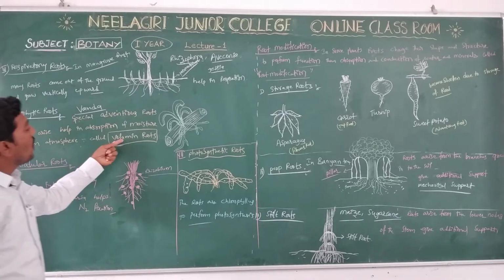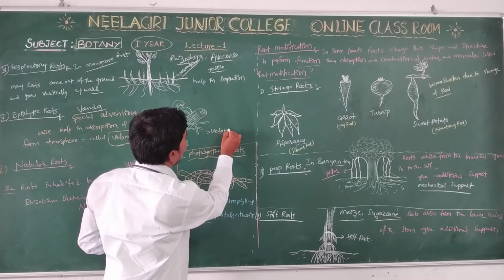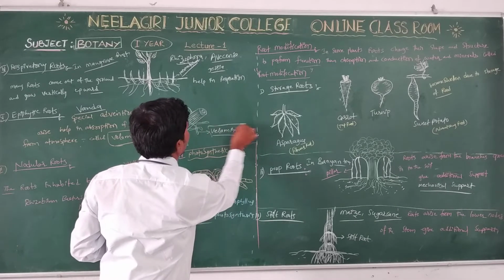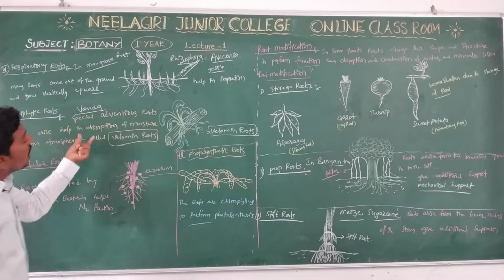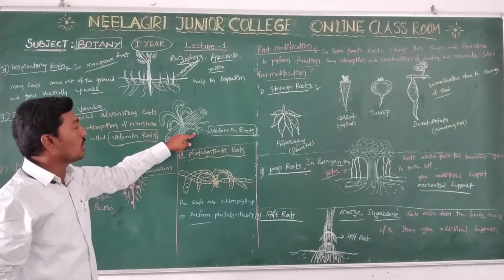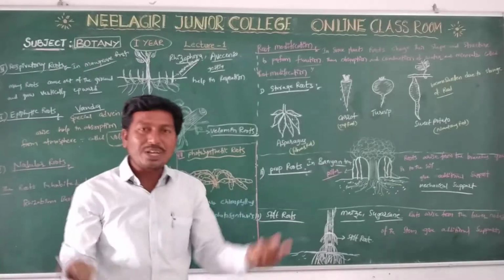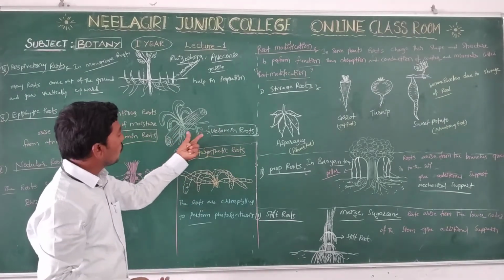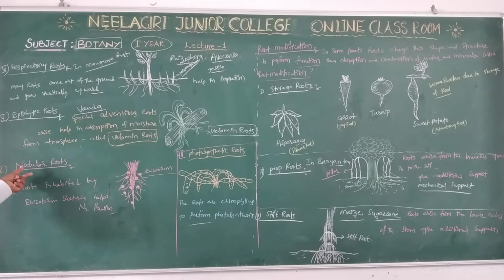It is called velamen roots. These velamen roots absorb moisture from the atmosphere. The best suitable example is Vanda. Epiphytic roots, and next, nodular roots.